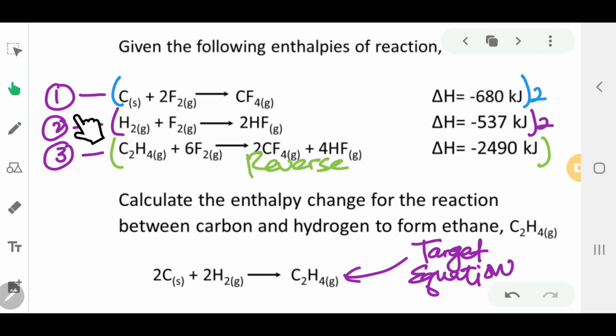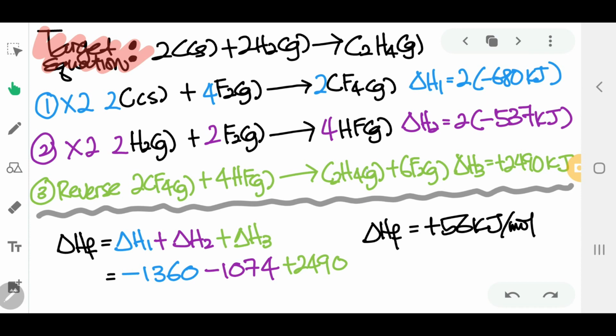You numbered all the thermochemical equations given. Do the multiplication and reversing based on the target's equation. And you have the altered version of the list of thermochemical equations. From here, you're going to use this to check your answers afterwards, if it's correct or not.